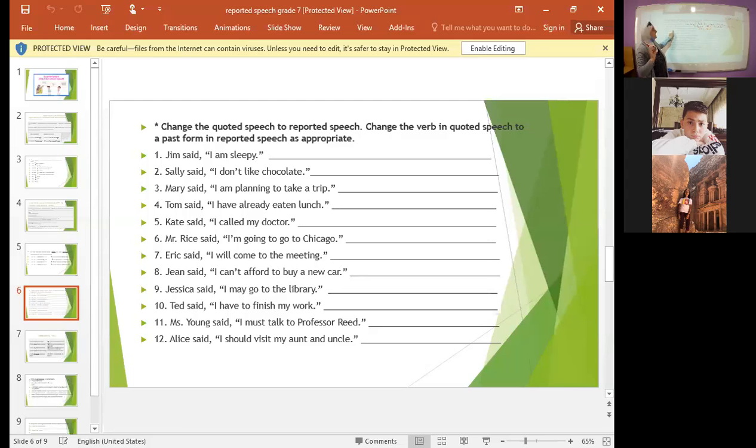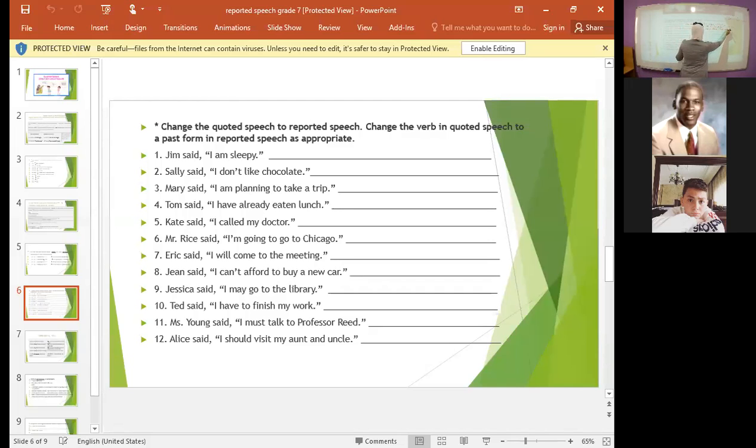Work with me step by step. Do I need the comma? No punctuation marks, no comma, no quotation marks. What should I change? That she was planning. Amazing. She was planning to what? To take a trip. It doesn't change. Mary said that she was planning to take a trip.